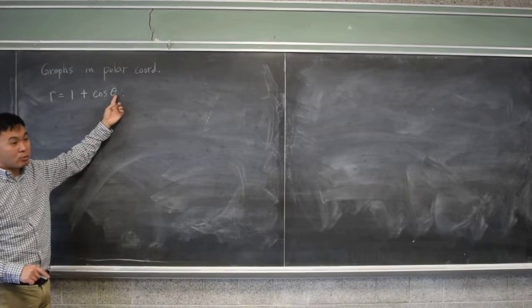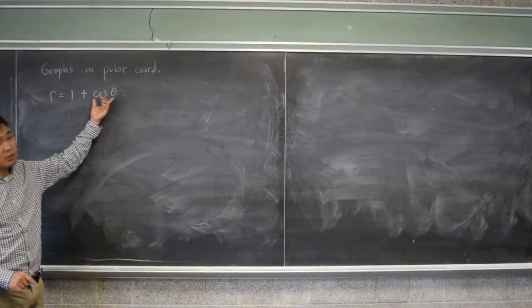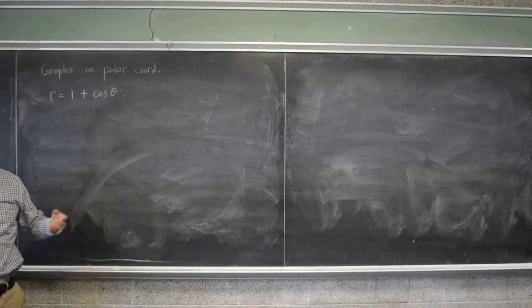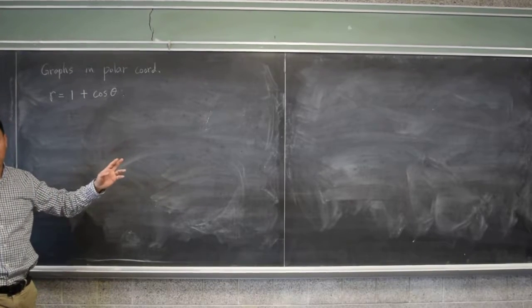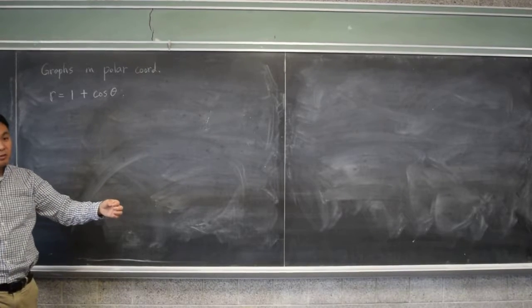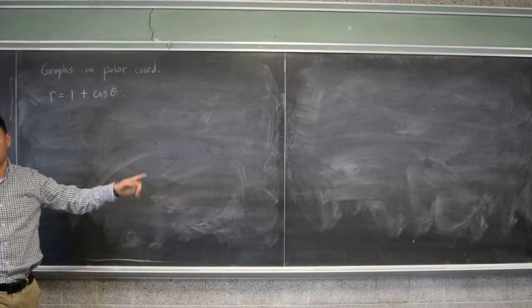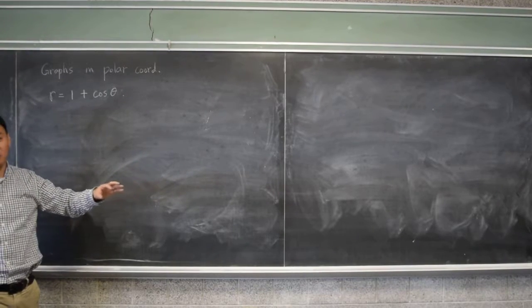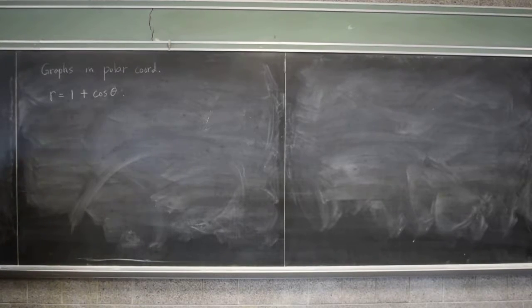If theta goes from 0 to 360 degrees, because cosine has a period of 360 degrees, it's going to repeat itself every 360 degrees. So once we complete the graph from 0 to 360 degrees, we don't have anything more to graph. Okay? So all is good. So let's try that.